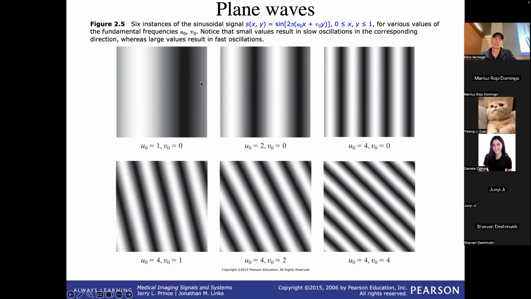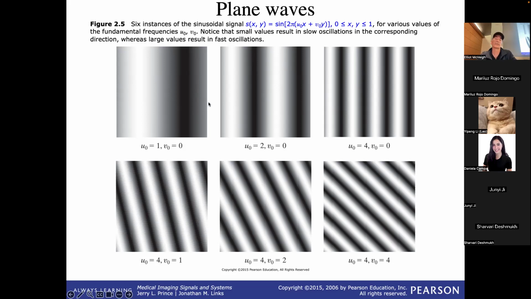And if we look at what this function looks like in the xy plane as we change these two values, the mu naught and nu naught. If we set this one to 1 and this to 0, we get a sine wave, a full cycle sine wave, if that is 1 here in x, and it's constant in y. So it doesn't change as a function of y.